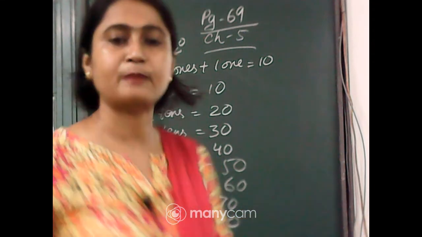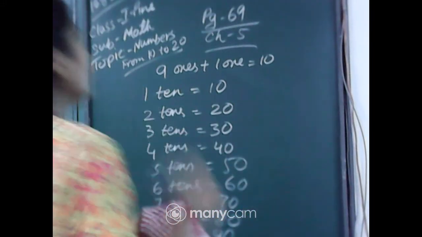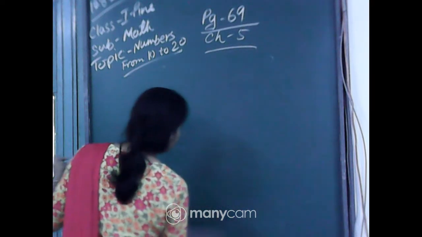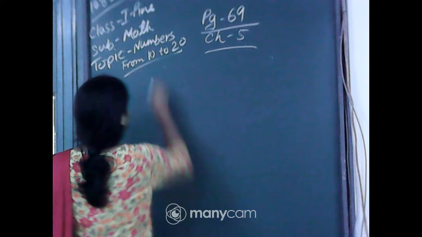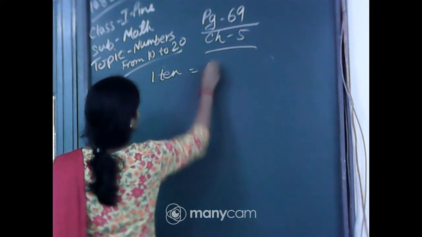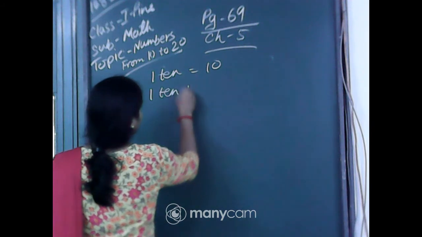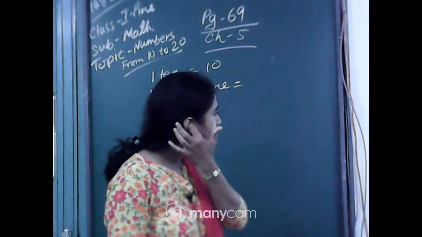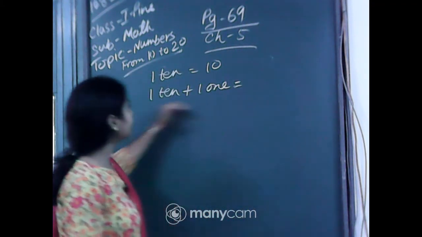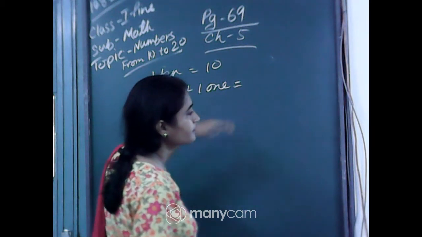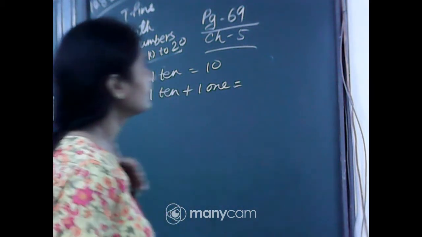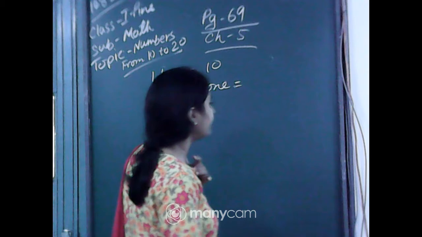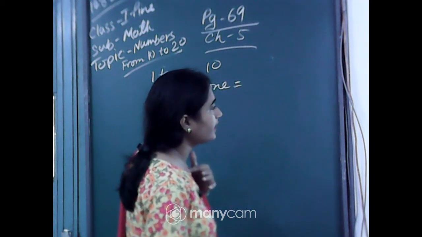I am just explaining the chapter, you just listen. 1 ten means 10. 1 ten equal to 10. 1 ten plus 1 equal to, do you know? 1 ten and 1 equal to? Answer me beta.